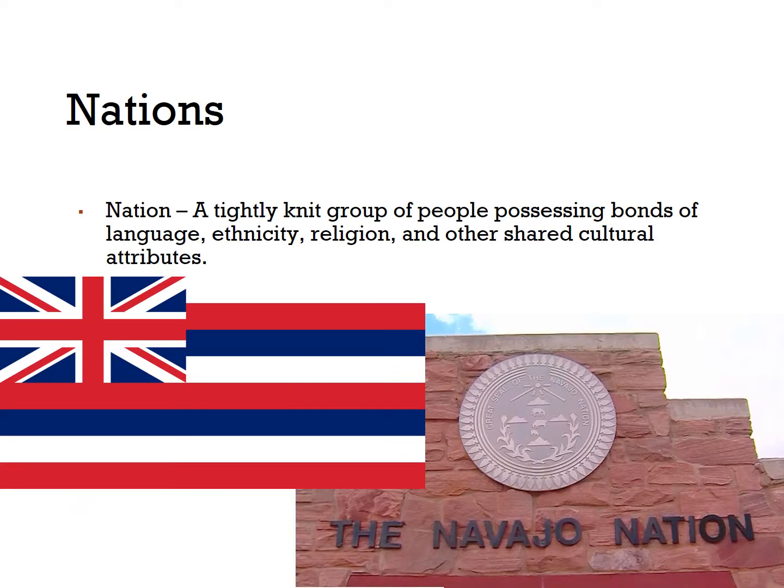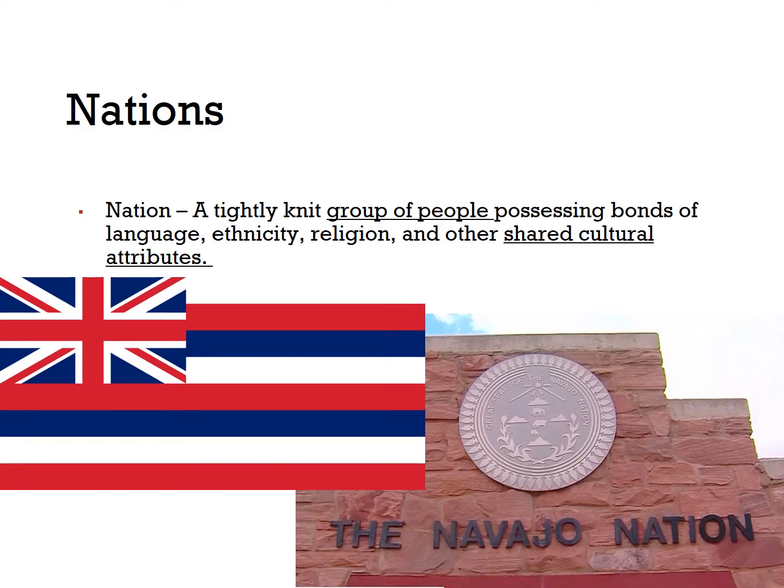A term that is often mistakenly used with state is nation. But they are distinctly different concepts. A nation is a tightly knit group of people possessing bonds of language, ethnicity, religion, and other shared cultural attributes.